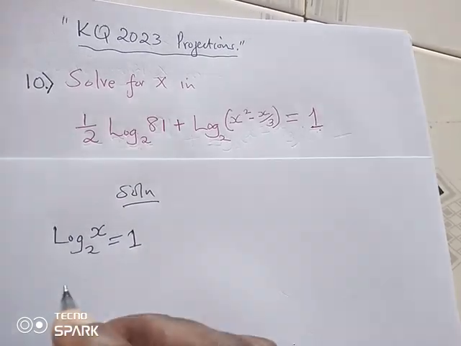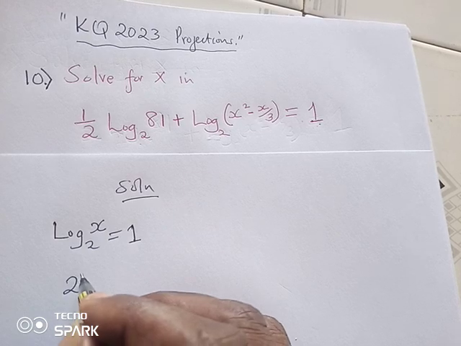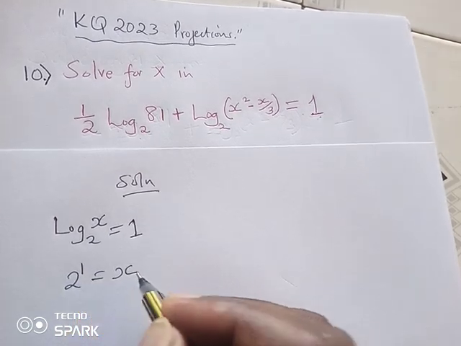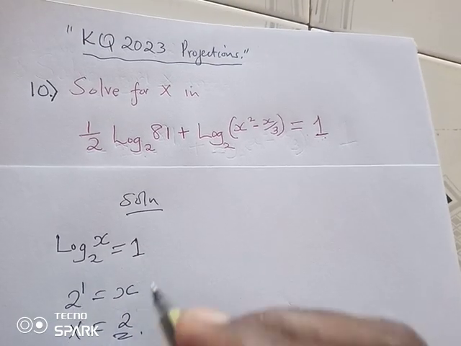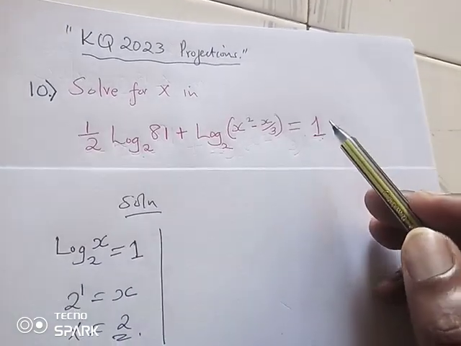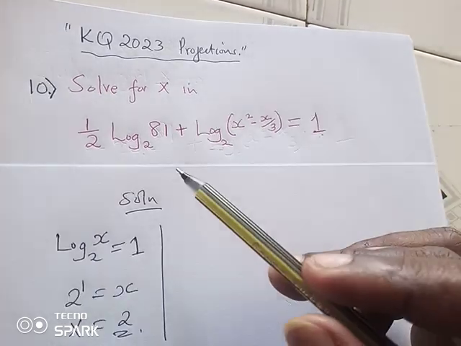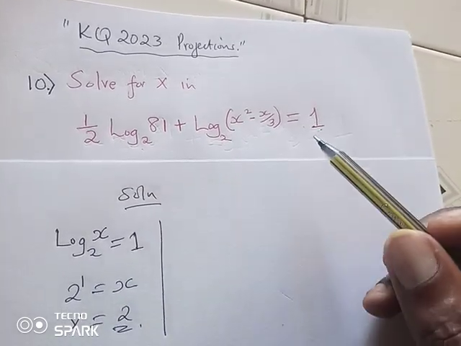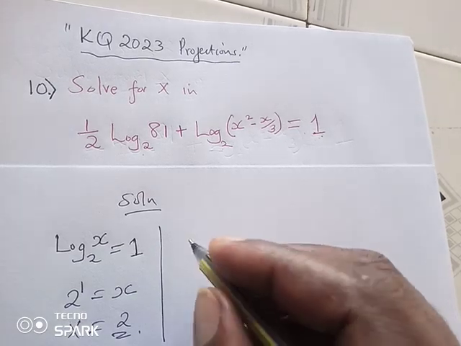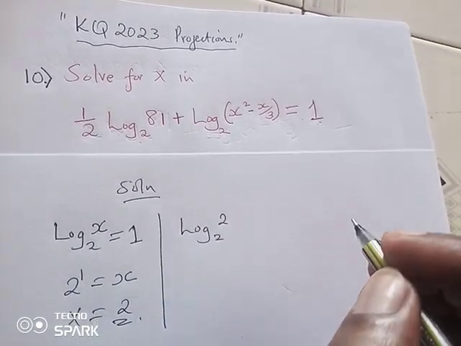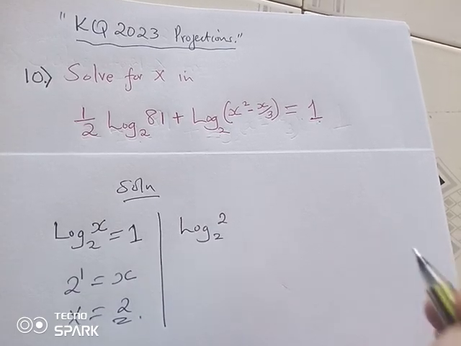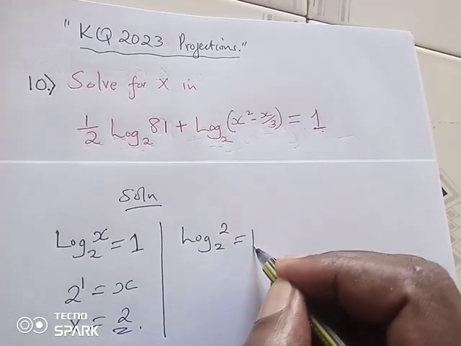Converting this into index notation, we shall have 2 power 1 is equal to x, and therefore x becomes 2. So now that an integer was mixed with the logs, instead of writing 1, it ought to have been log base 2 of 2. That is what is equivalent to 1.